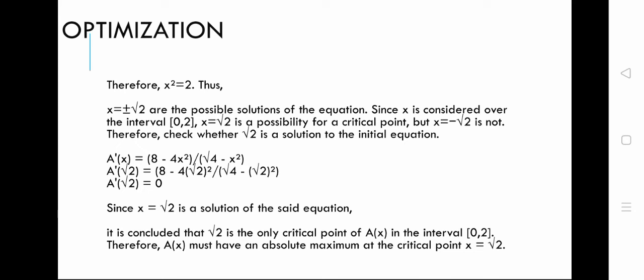However, we still check whether the square root of 2 is a solution. By checking the equation, A'(x) is equal to 8 minus 4x squared all over the square root of 4 minus x squared.